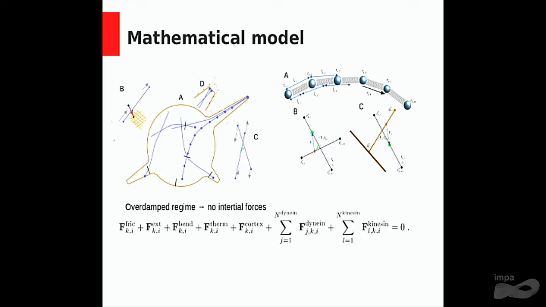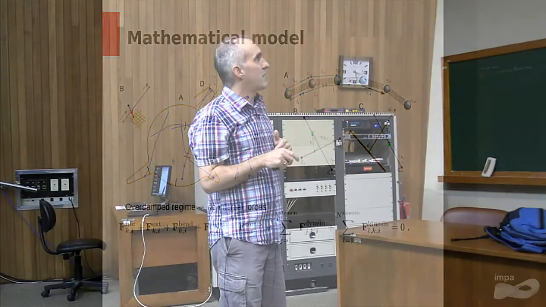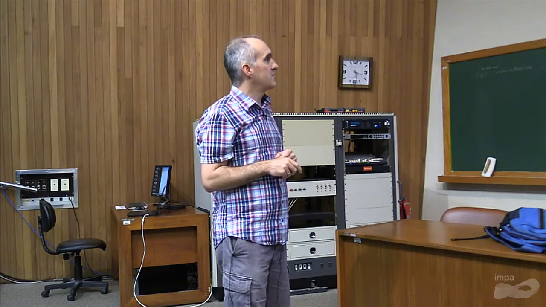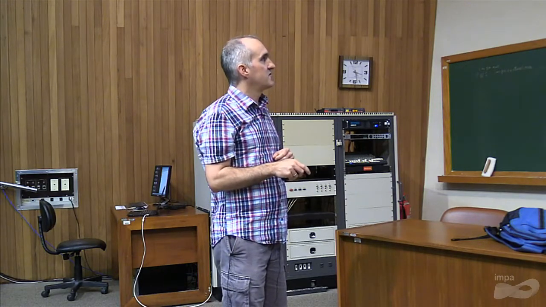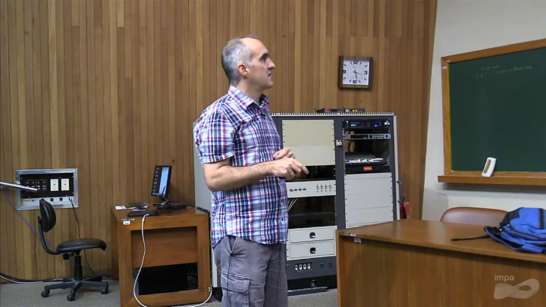This corresponds to forces due to bending elasticity of the microtubules. We have thermal forces. We have repulsion at the cortex, which, as far as the force balance equations are concerned, is basically a given boundary to the interior of the cell. And these are the forces due to dynein motors and kinesin motors.